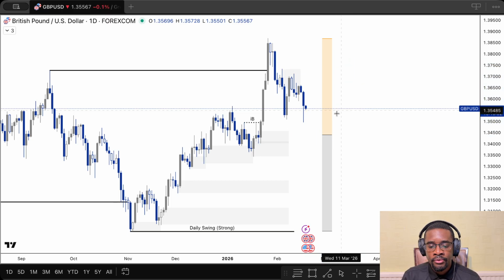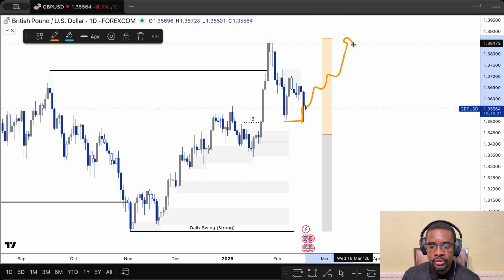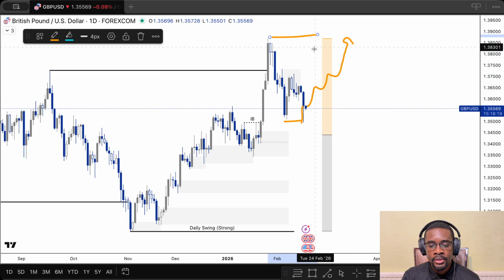However, because we've swept this liquidity and we pushed up strongly, it is also possible that that could be the signal that price is now ready to continue bullish until we take out this weak supply, or this weak high instead.